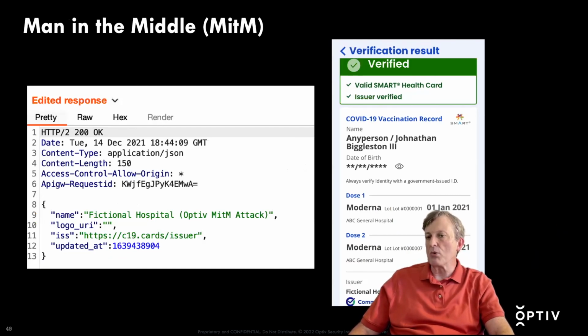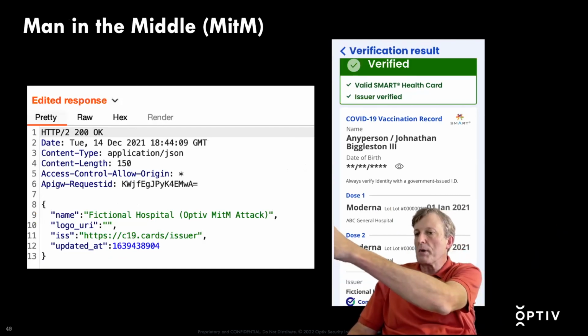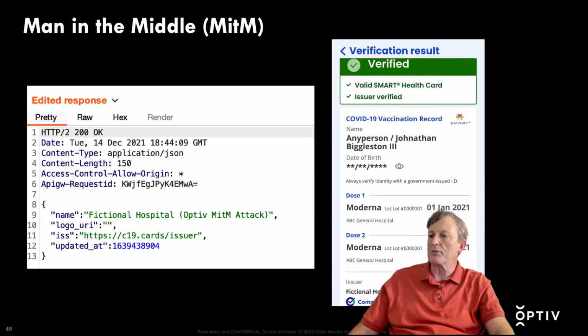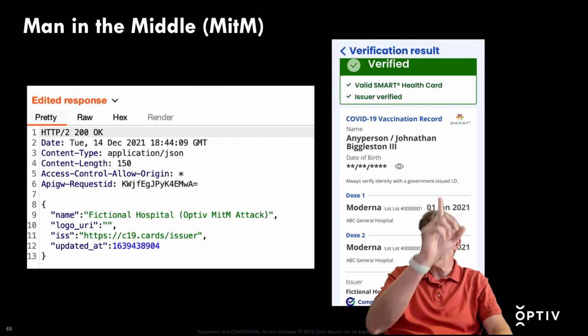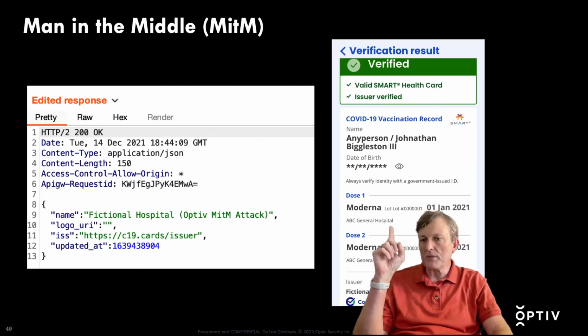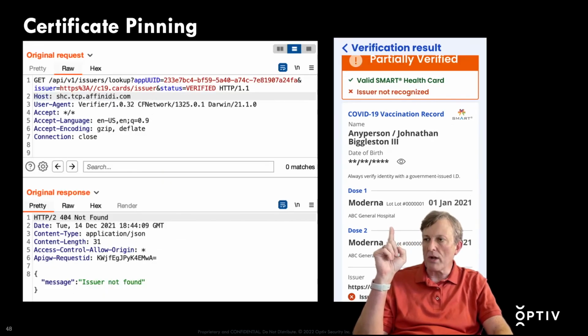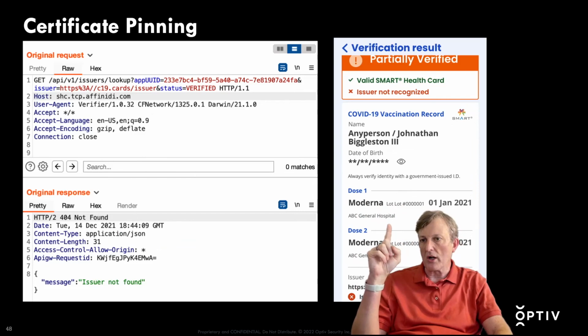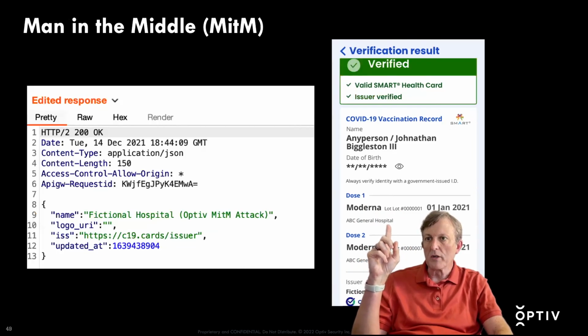And here's a case where I actually altered the response to say that it was issued by a fictional hospital. And you can see the UI, when I ran it normally, said partially verified, but we don't recognize this issuer, which is correct. This is a demo card that's issued against a demo issuer.